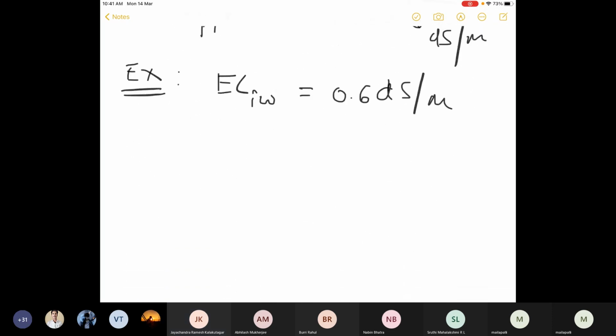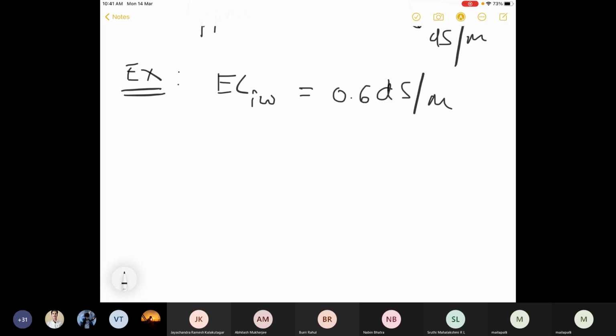So now let's visualize. So suppose if you have an irrigation water with some salts concentration, TDS, right? Let's say ECIW, that is electrical conductivity of irrigation water. So that is 0.6 decisiemens per meter. So that's the salt content.